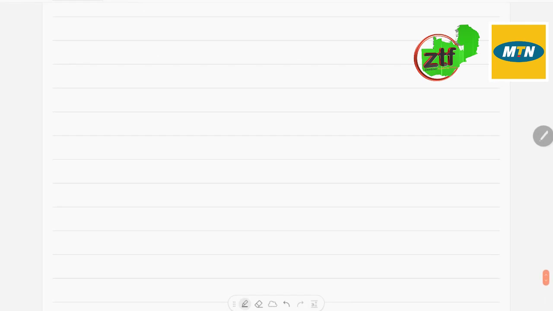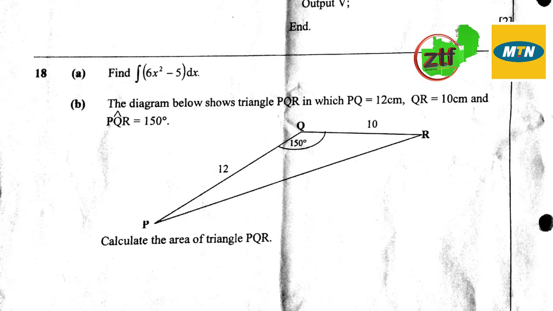All right, so for part B of question 18, we have the question. This question is from the topic called trigonometry. And if we look at the question, the triangle that we are given is a non-right angled triangle.